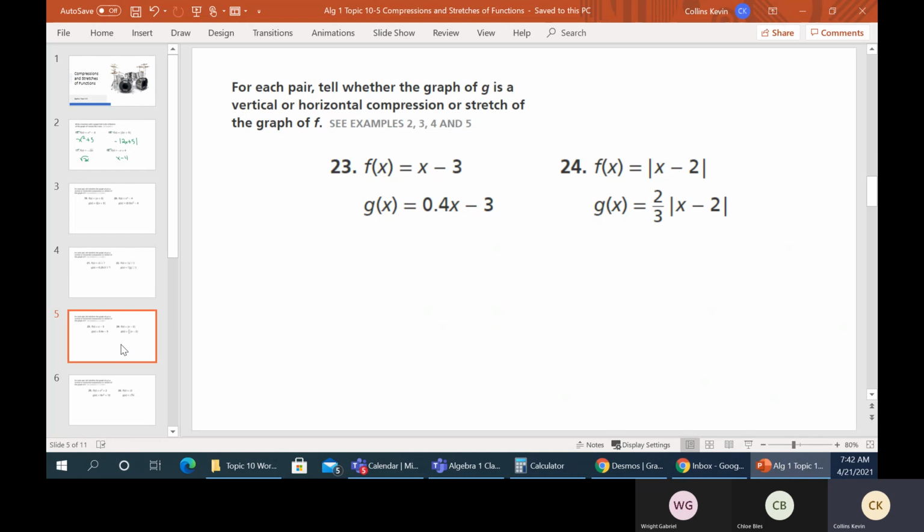All right, so let's check out these guys. So this one changes the slope, but if you leave this number alone, that's the same y-intercept. So here we've got a slope of 1, here we've got a slope of 0.4. So this one will be considered a compression because we haven't moved the position of anything. Okay, so let's take a quick look at that one.